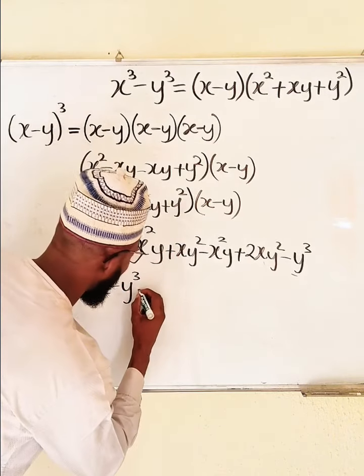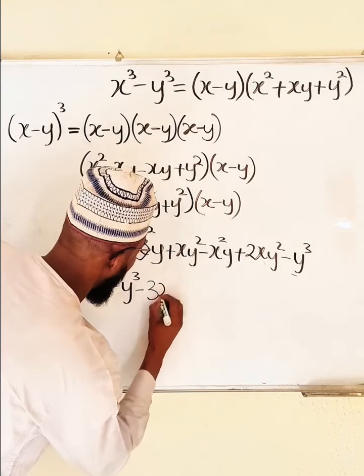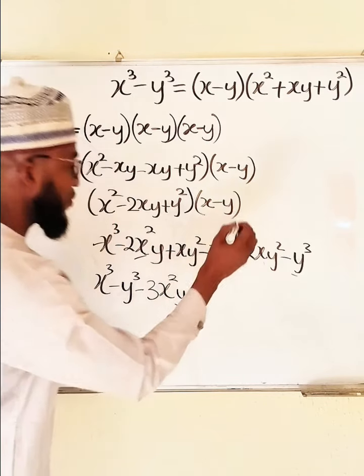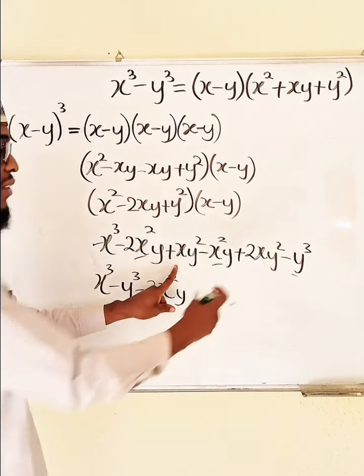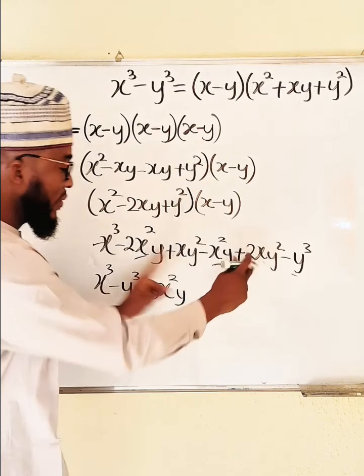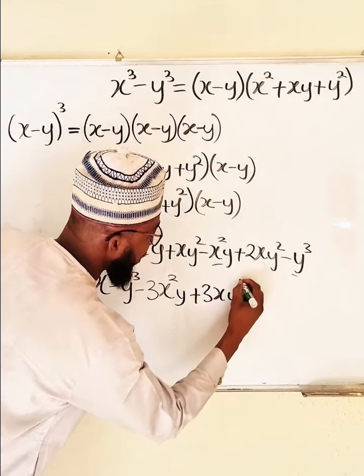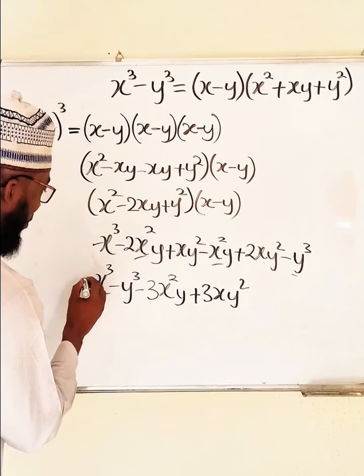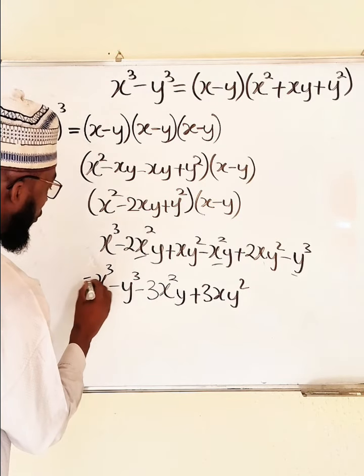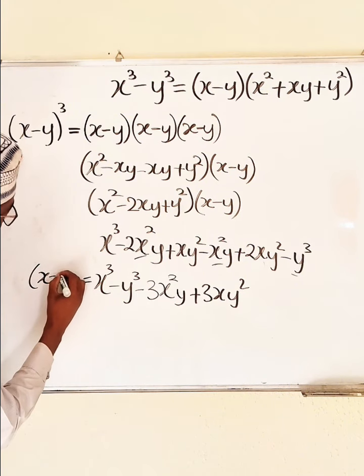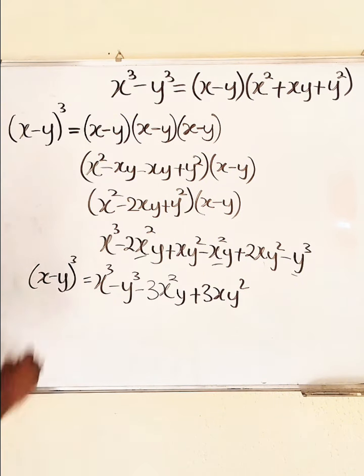Together we have negative 3x squared y. This is gone. This is also gone. Then we have these two. You can see they are all positive. So we have positive 3xy squared. Remember, what are we doing here? We are only expanding x minus y to the third power.